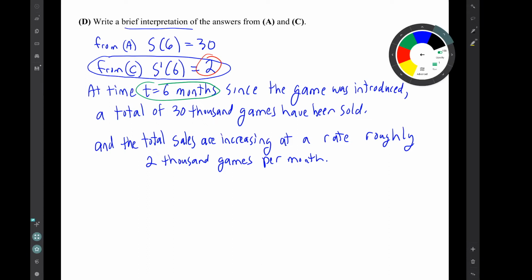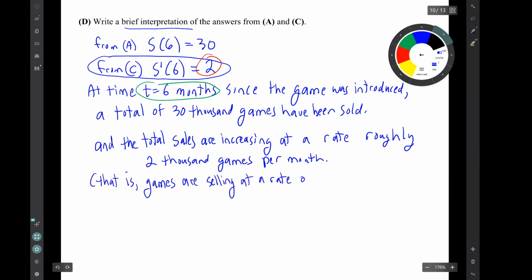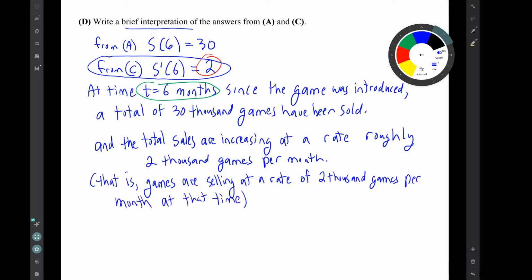So in other words, the rate at which total sales are increasing is simply the rate at which the games are selling. I find a nicer description of this is the following. I like to say it this way. Games are selling at a rate of 2,000 games per month at that time.